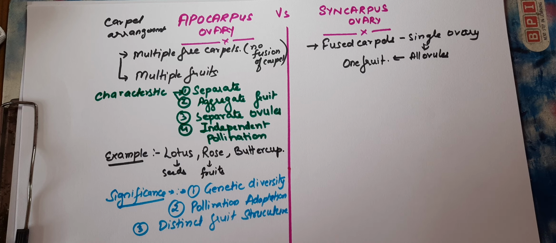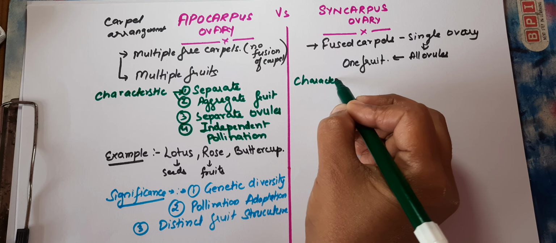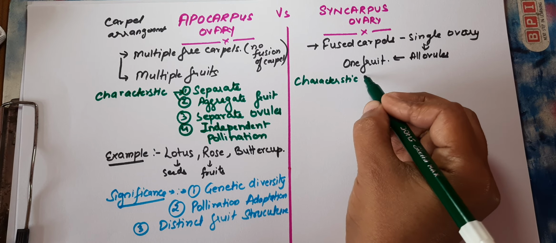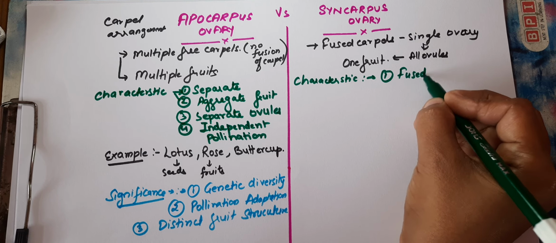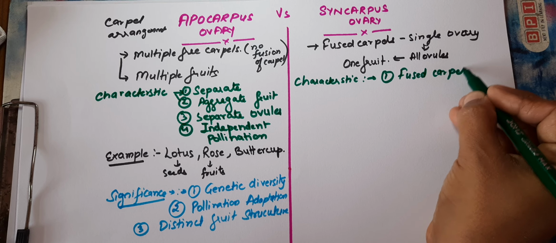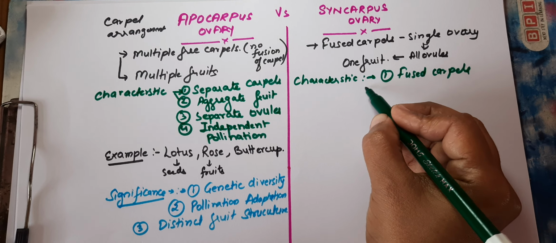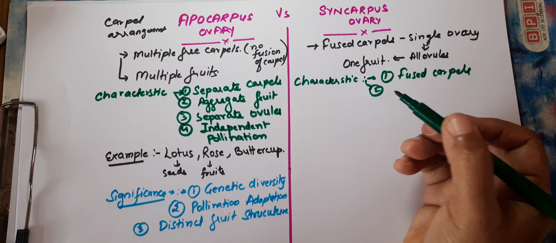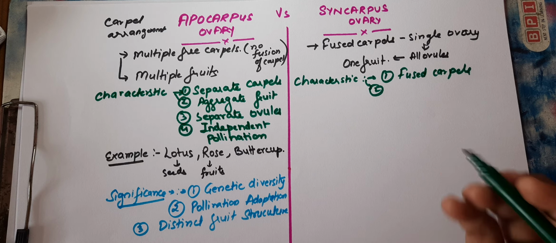Now let's talk about the characteristics. The first characteristic we just discussed, that they will have fused carpels. The second one is that the ovules are enclosed within a common chamber, leading to a unified fruit.